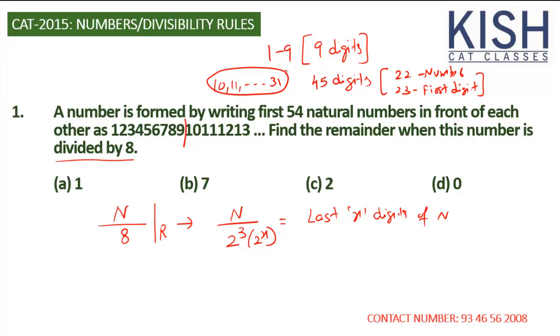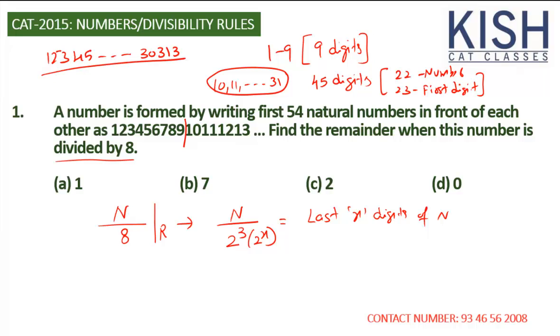So it means that this number goes from 1 up to 31, and then we need to write the next number's first digit, which is obviously 32. The first digit is 3. So this number is 1 2 3 4 5 and so on up to 30, 31, 3. That's the number.